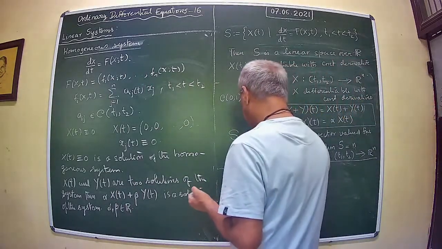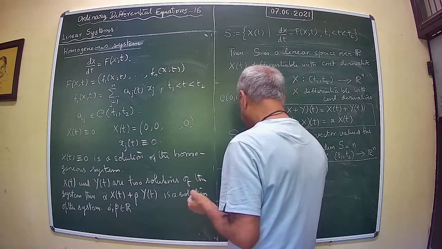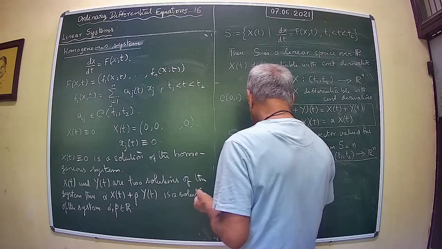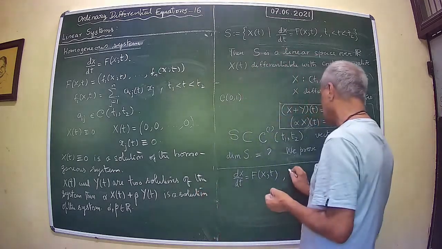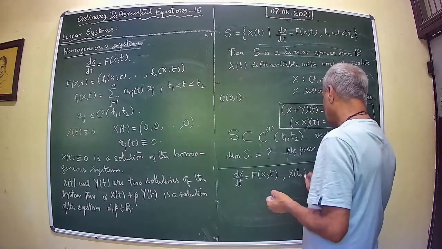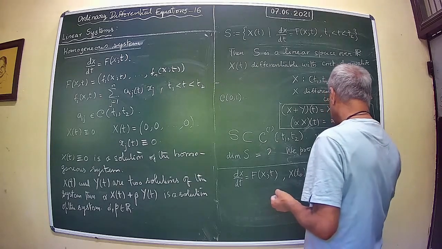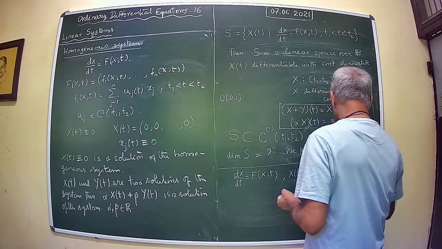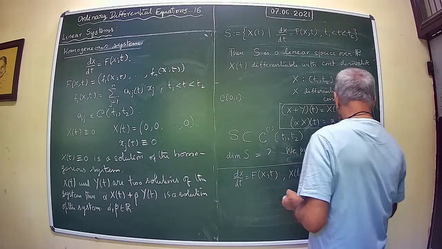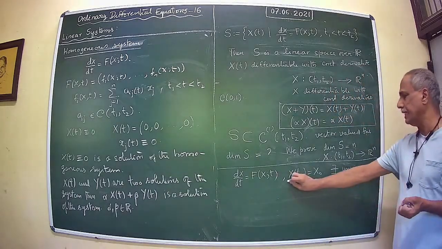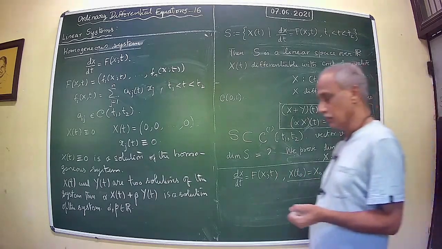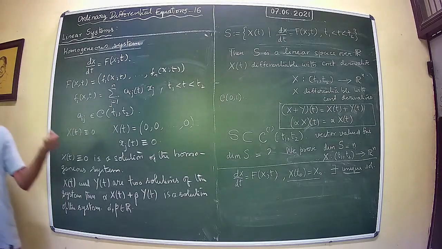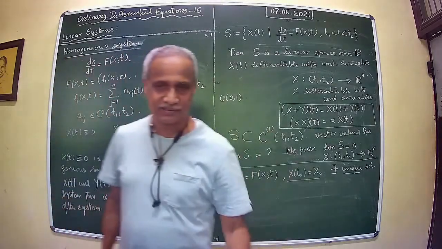If you have an equation dx by dt equal to f of xt, with xt naught equal to x naught, then there exists a unique solution. That means the initial conditions fix the solution. Once the initial condition is given, the solution is fixed.